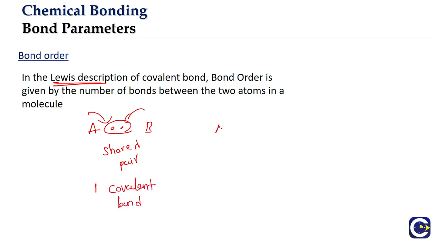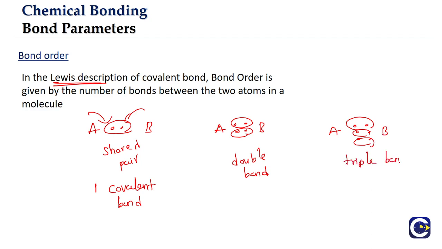If instead they are sharing two electrons each, they form two pairs of electrons, so we say it's a double bond. When they are sharing three electrons each, there will be three pairs shared between these two atoms, so it's a triple bond. Generally, whenever we have a covalent bond, we consider bond order as the number of bonds between the two atoms in a molecule.